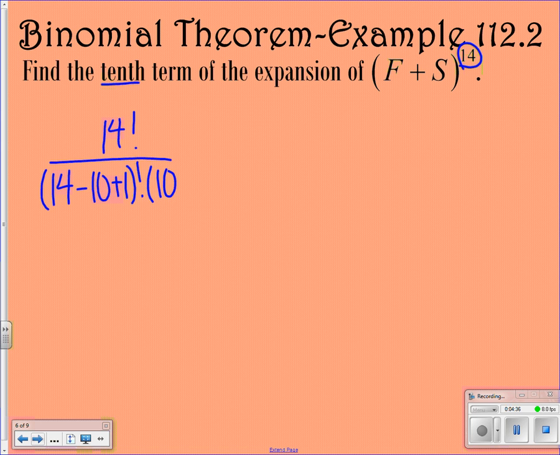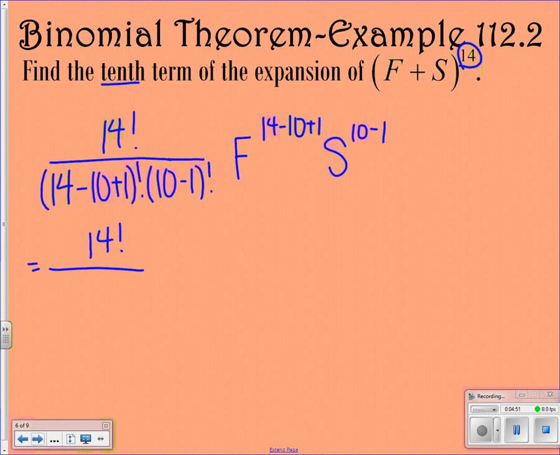Then we're going to have 10 minus 1 factorial. Then we're going to have f to the 14 minus 10 plus 1, and s to the 10 minus 1. So now we have 14 factorial over 14 minus 10 plus 1 is 5, and then 10 minus 1 is 9. And so then we have f to the 5 and s to the 9.